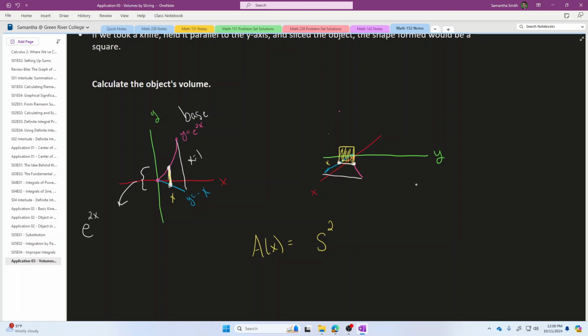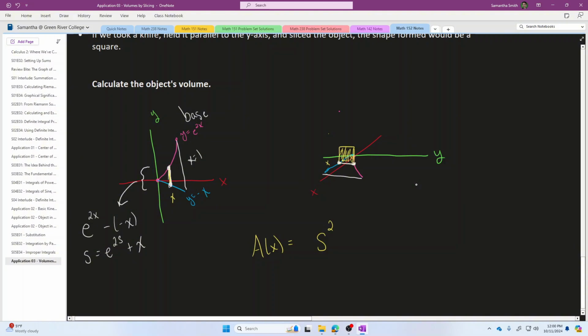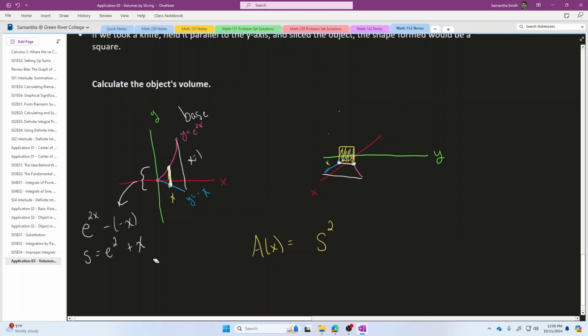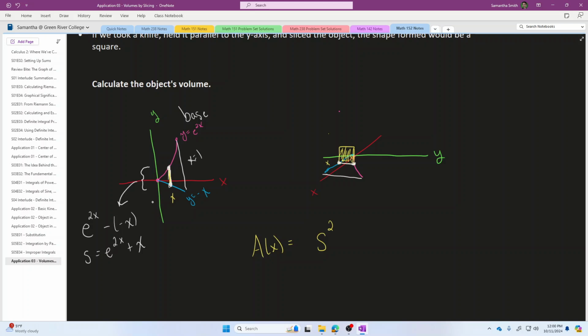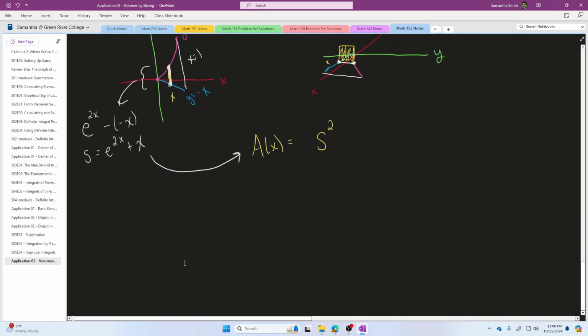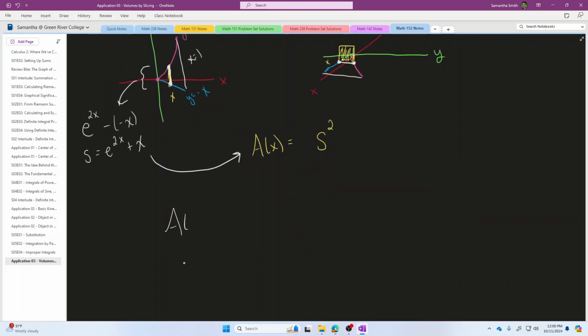Take e to the 2x minus negative x, and the length of that slice, the side length of my square, is going to be the difference between them, e to the 2x plus x in total. Now let's go ahead and plug that information in here to get my area formula. The area formula is just the squared side length.